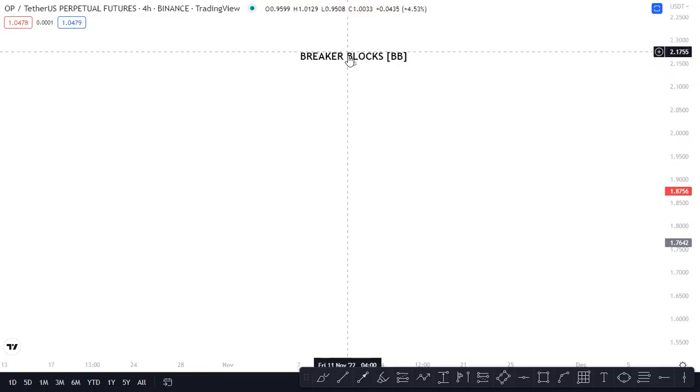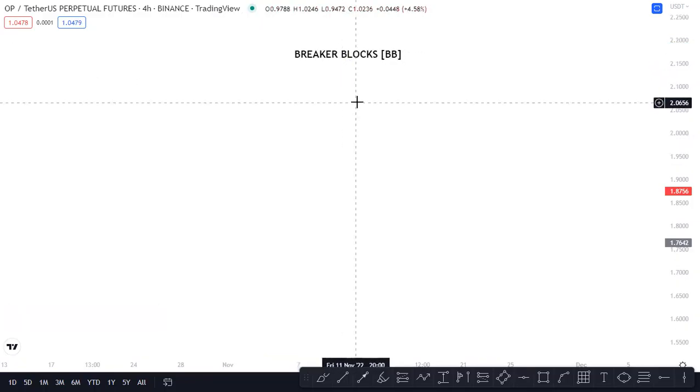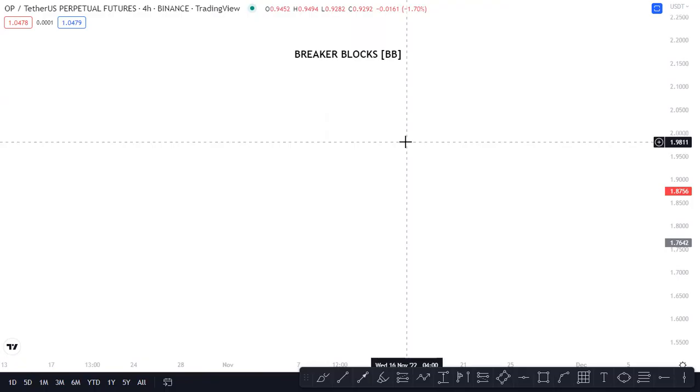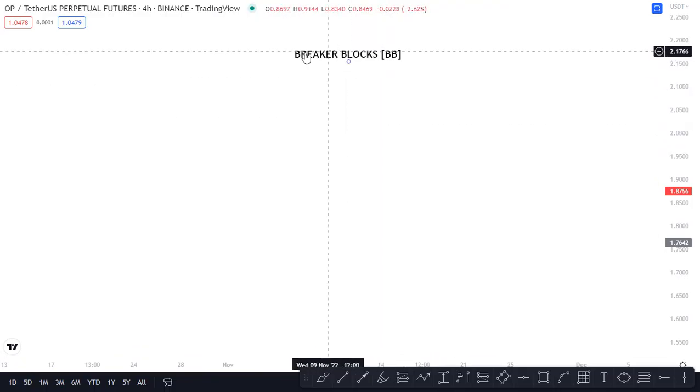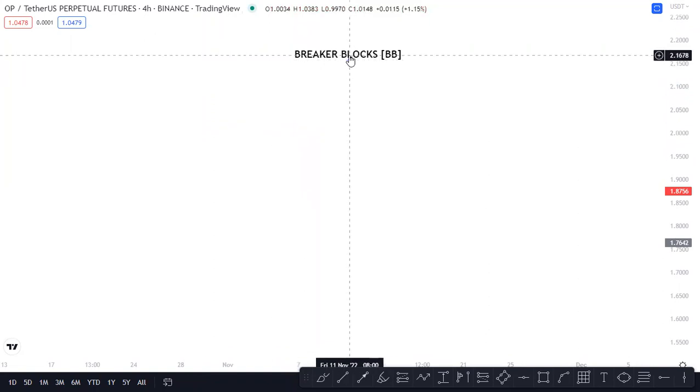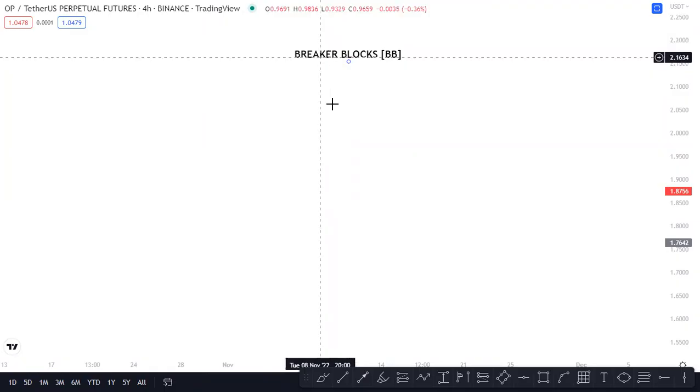Breaker blocks. When we talk about breaker blocks, the formation is usually like a failed order block, another block that got flipped.